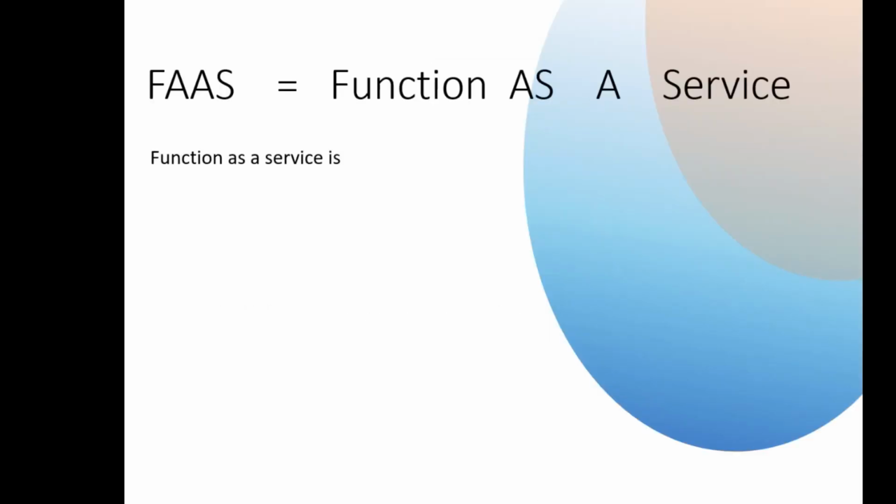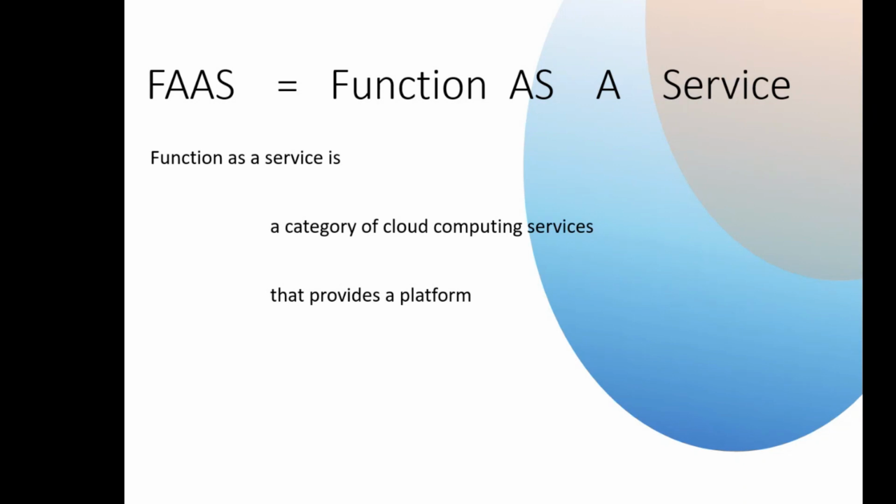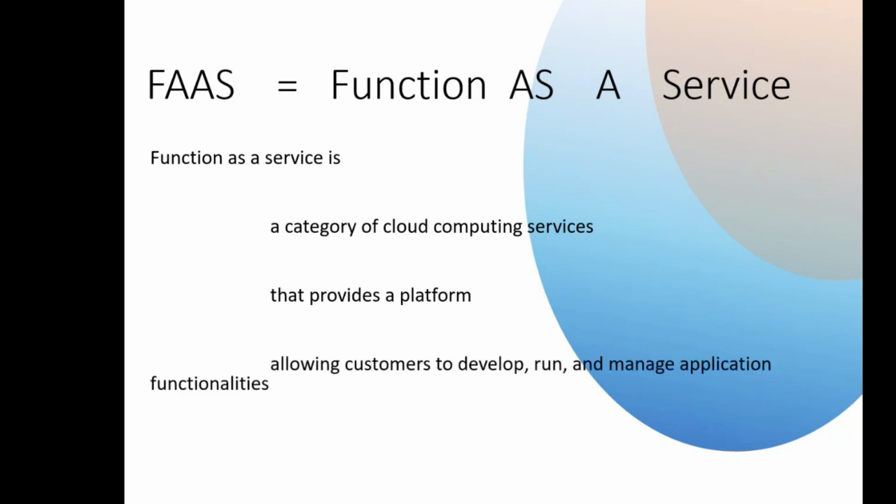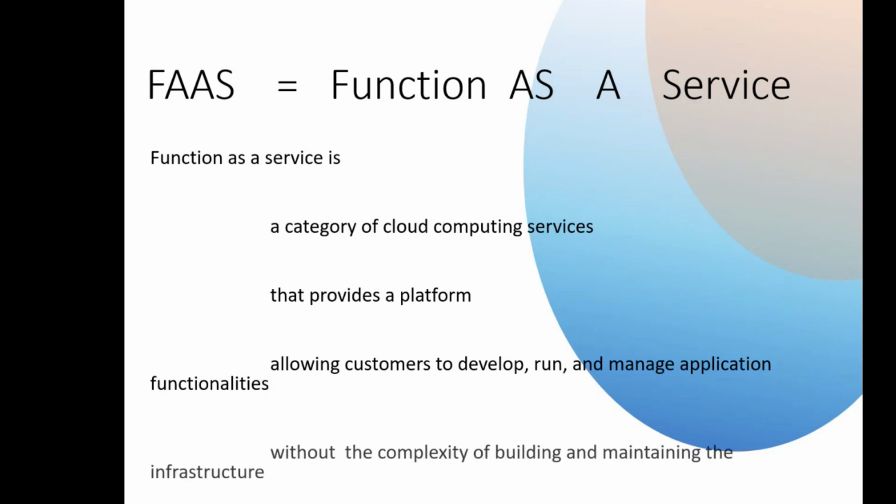Our topic is serverless architecture, mainly known as FaaS, function as a service. Function as a service is a category of cloud computing service that provides a platform allowing customers to develop, run, and manage application functionalities, without the complexity of building and maintaining the infrastructure.